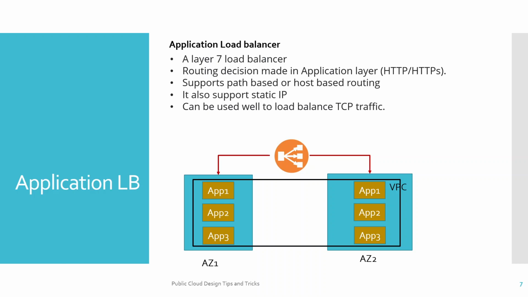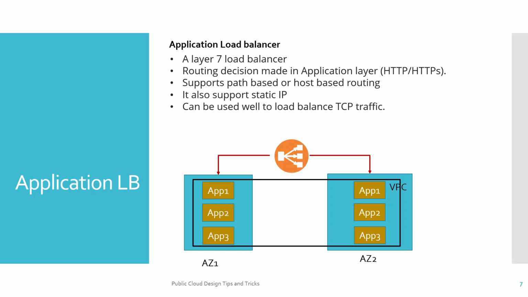The most important load balancer is the application load balancer. It's a layer 7 load balancer, and this is especially used to handle application requests, or the application layer, you can say. And routing is based on HTTP and HTTPS in the application layer, and it supports both path-based and host-based routing.